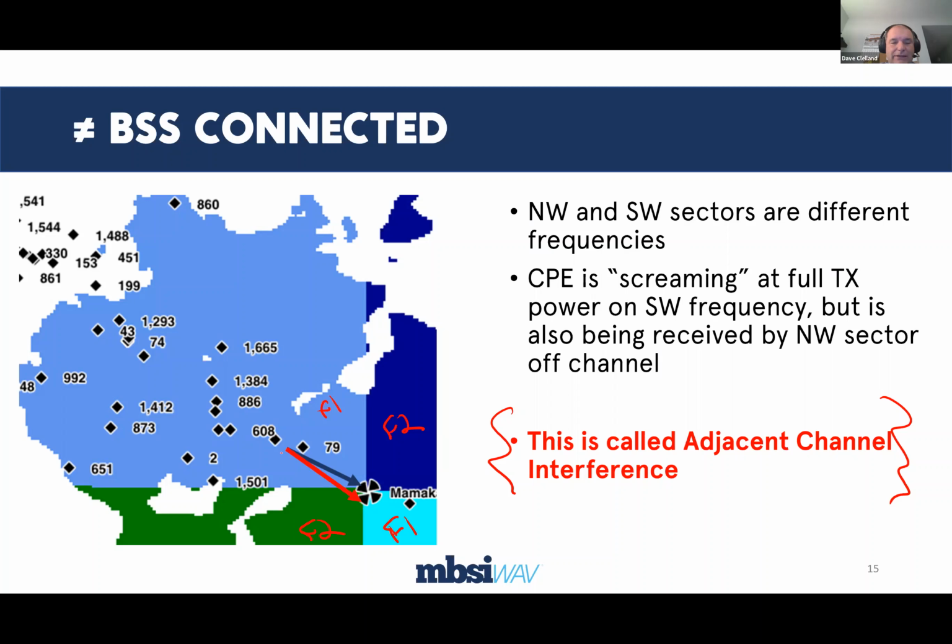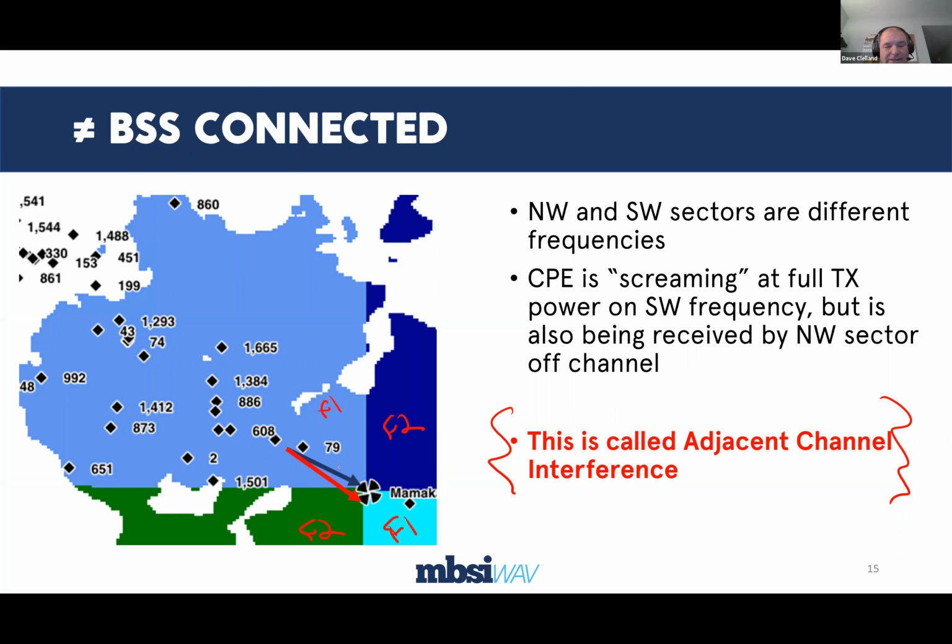So if I'm at -50 or -60 as my target level on the northwest sector, the energy that the southwest sector will receive is going to be 28 and 20 dB of the antenna difference in gain. So it's going to be 48 dB lower.